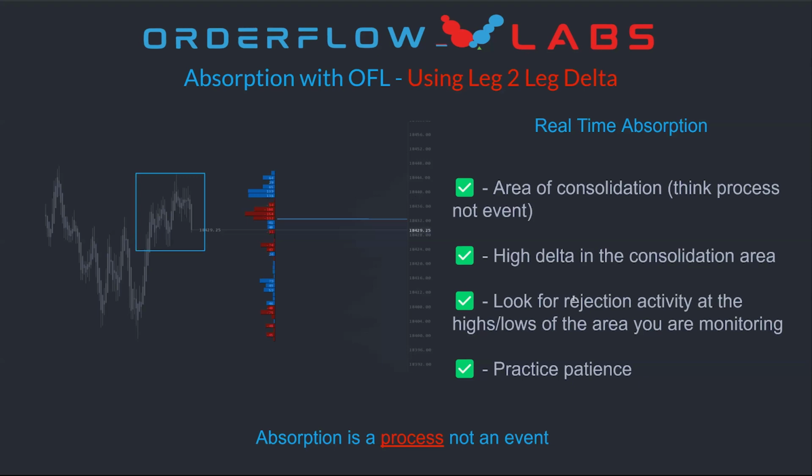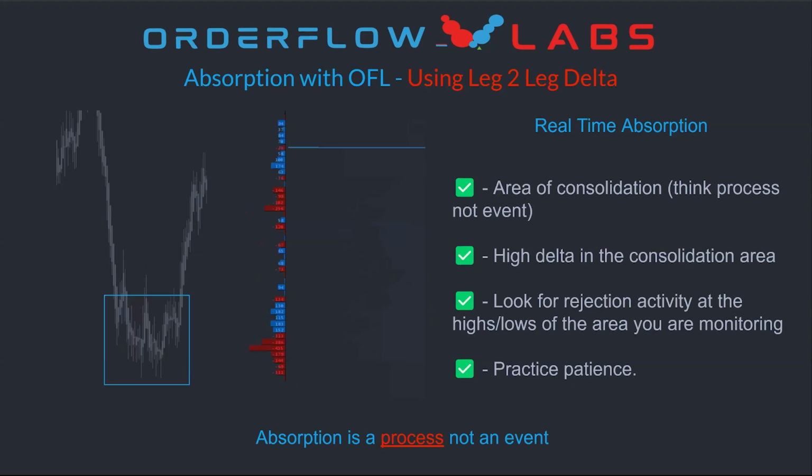One thing I want to call out is that absorption is a process, not an event, whereas exhaustion is definitely an event. So again, kind of the same idea. We have this down move that starts to consolidate, and we build tons of negative delta. With that consolidation, there's no price movement.